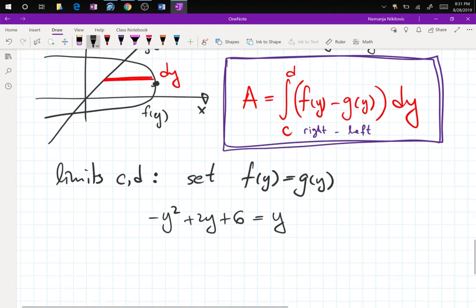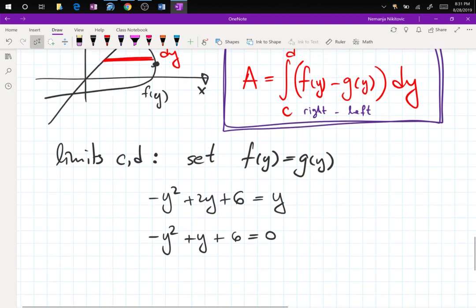So we move y to the other side, it becomes negative y squared plus y plus 6 equal to 0, and then multiply by negative 1 to get y squared minus y minus 6 equals 0.